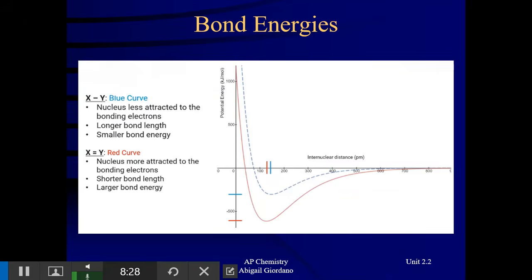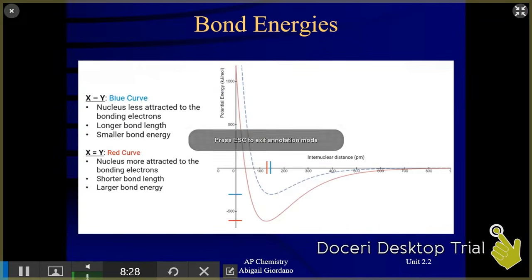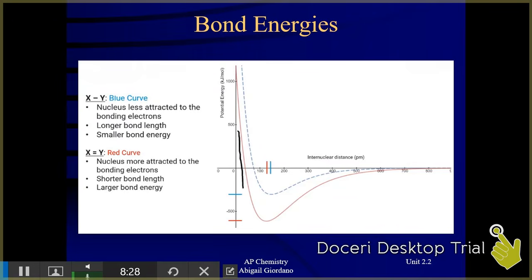If I were to draw in, and I'll draw it in black so we can see it nice and clearly, if I were to ask you to draw in a curve for a triple bond, it would look something like this. I'll do my very best here to draw this in nicely.